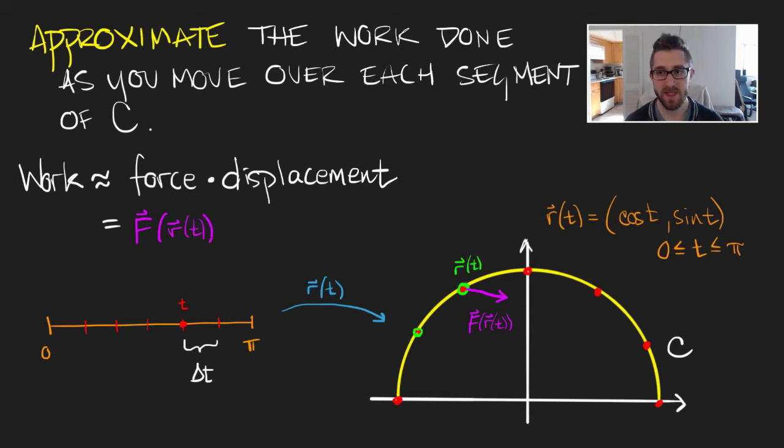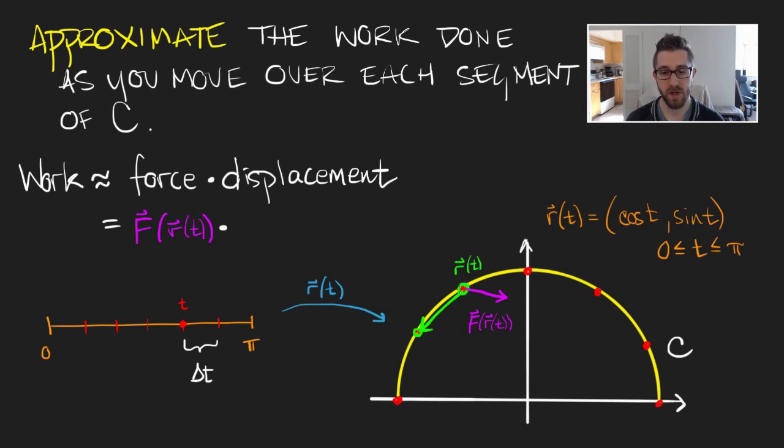To figure out what the displacement is, though, we need to do a little bit more work. And for the displacement, well, we're moving along the path from this green point to this one, so the displacement vector is going to be this vector here. So this is where things are going to be similar to what we did in the scalar surface integral video, because we want to figure out a nice expression for this green vector, because that's what's going to go here for the displacement.